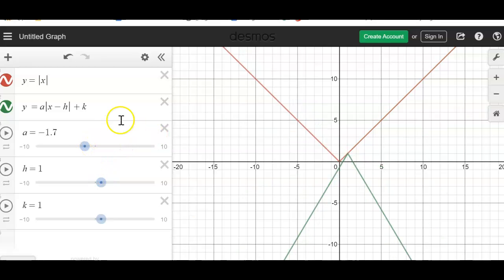That's something, like I said, I don't do a lot of, but it is something that I am going to incorporate more of after we're finished. So that is kind of how I do the introduction to absolute value graphing.